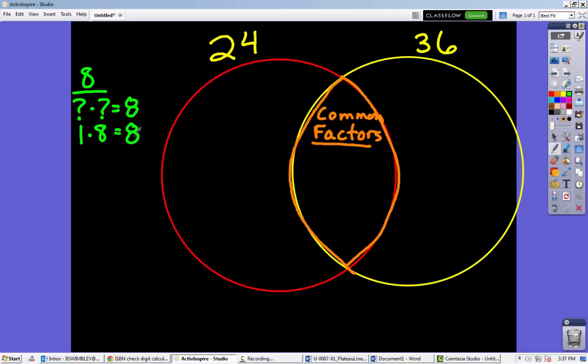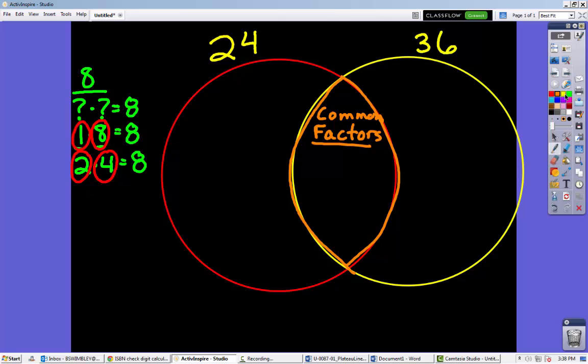Every number will always have 1 as a factor and the number you're multiplying every single time. I also know that 2 times 4 equals 8. So here I have 1 and 8, that's 2 factors, 2 and 4. So I have 4 factors for 8.